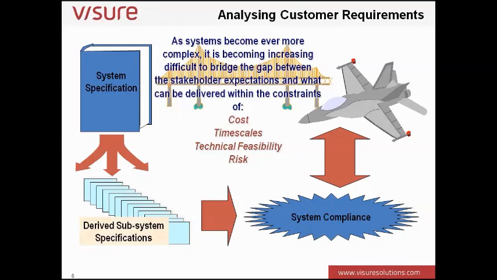And so as systems become ever more complex, it is becoming increasingly difficult to bridge the gap between the stakeholder expectations and what can be delivered within the constraints of cost, timescale, technical feasibility, and risk. And what is also important here is that we end up with a documented account of the as-delivered system, not the as-specified system.